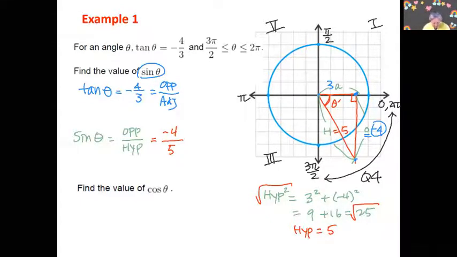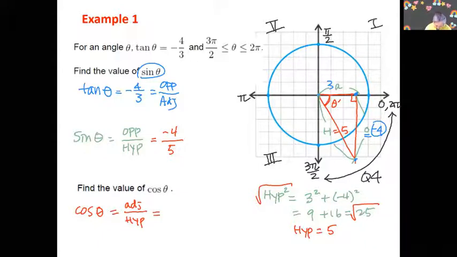In fact, there's exactly the same problem, but it's asking cosine. No problem. The only difference is, cosine of that angle is adjacent over hypotenuse.